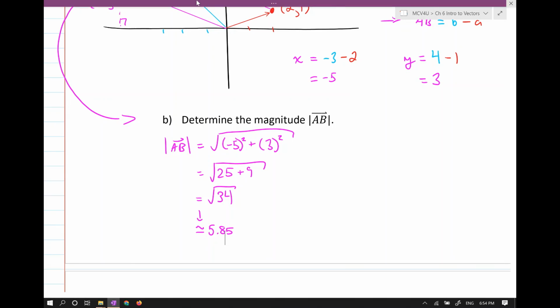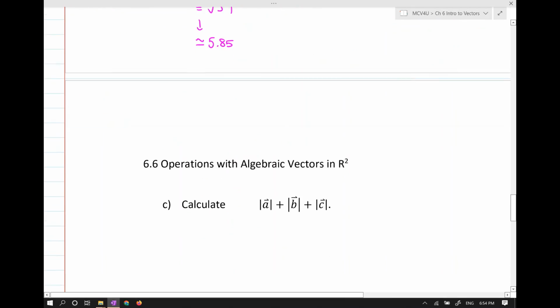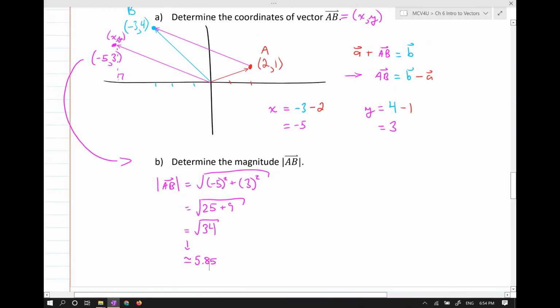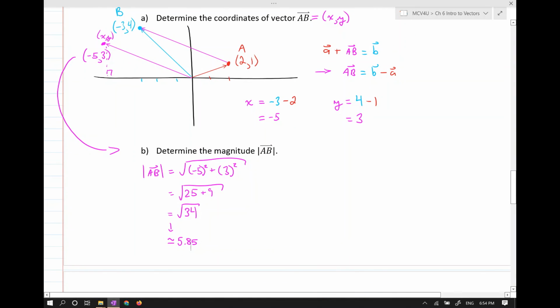Now, just to end this off, let's break down how we found those coordinates of this AB vector, the -5, 3 point.